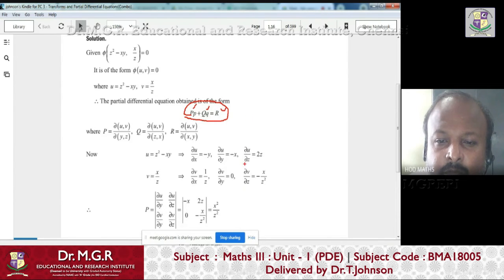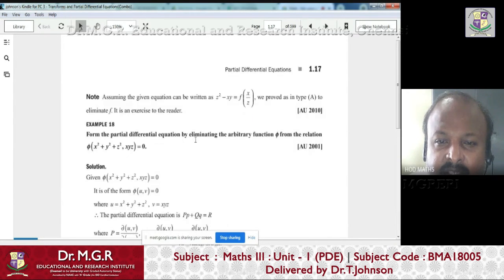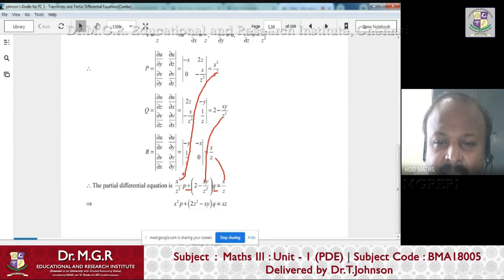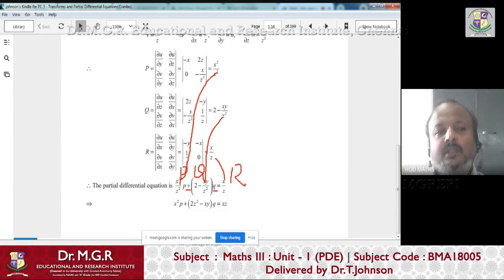Once you find them, you simply substitute: capital P value into small p, then capital Q value into small q equals capital R value. Straight away you can put that, that is your solution.